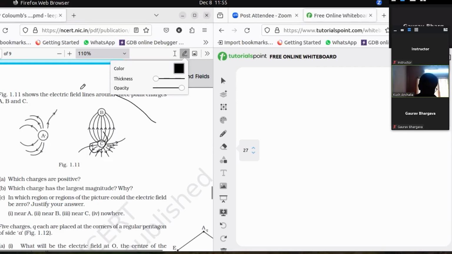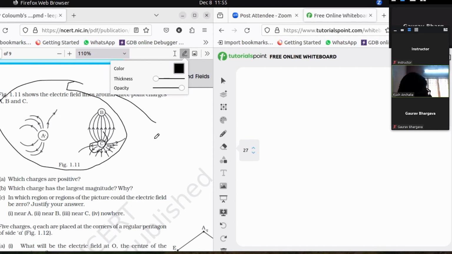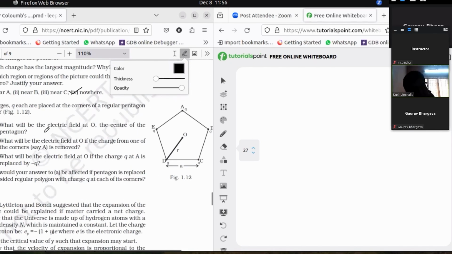You want electric field 0, you want to enclose it. Near A, no way. Near B, no way. Near C, nowhere. Nowhere only is the option, because they are not at the same position.